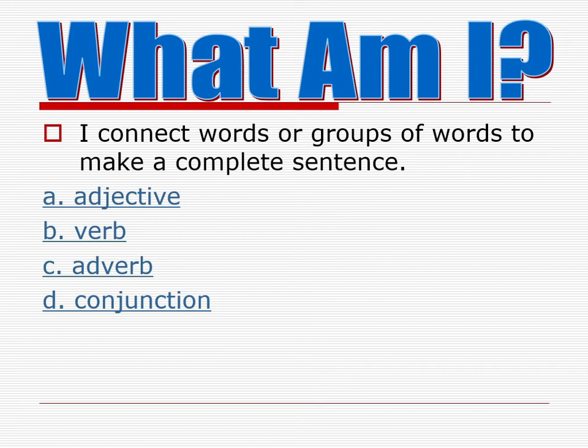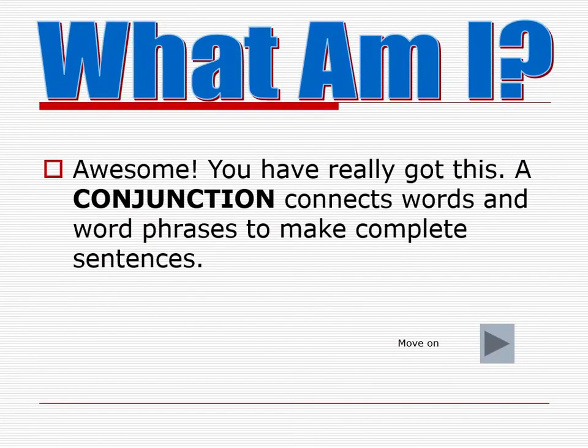As we know, a conjunction connects words or groups of words to make a complete sentence. Awesome. You have really got this.